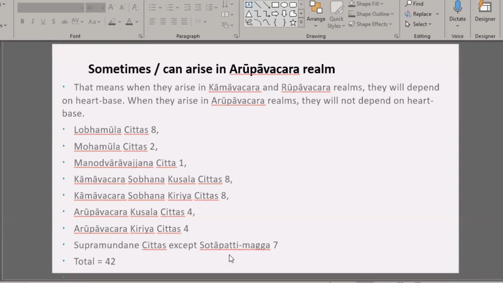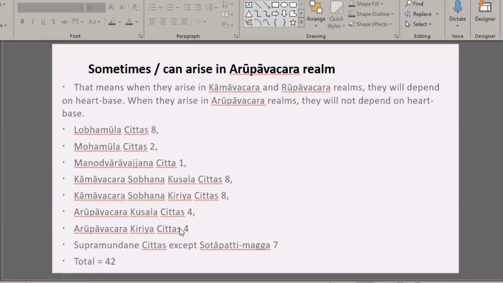Similarly, Arupavachara Kusala. When human beings develop Arupavachara jhanas, they have Arupavachara Kusala Chittas. For noble beings, similarly, Arupavachara Kusala Chittas. When Devas cultivate Arupavachara jhanas, they have Arupavachara Kusala Chittas.